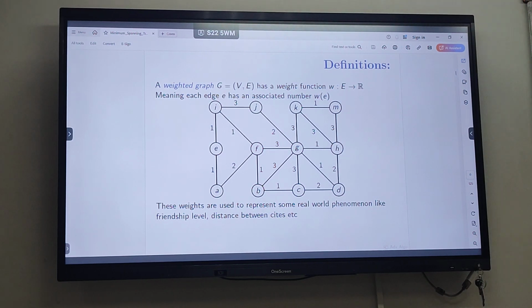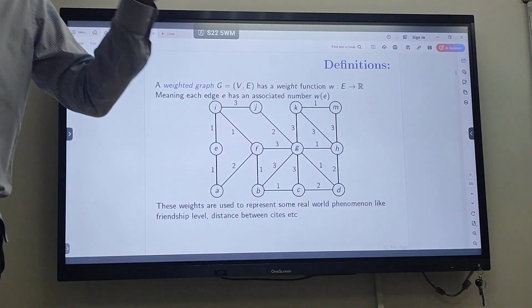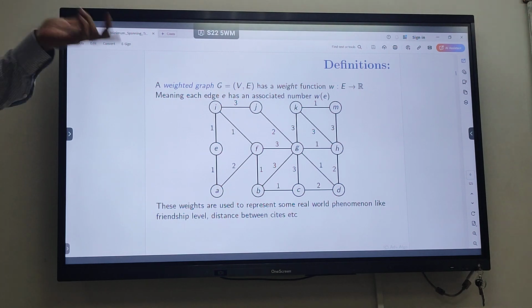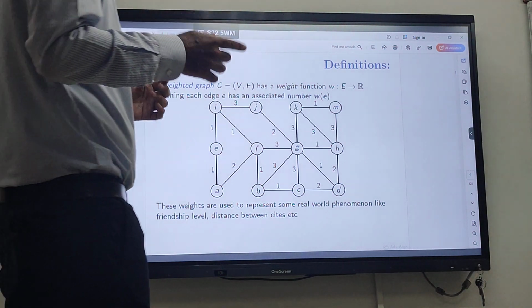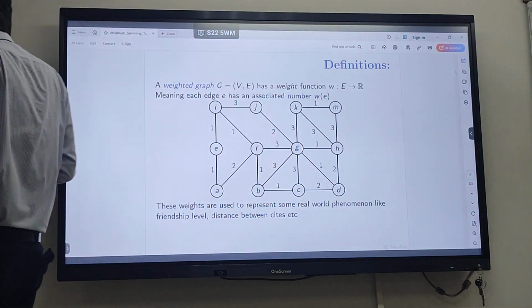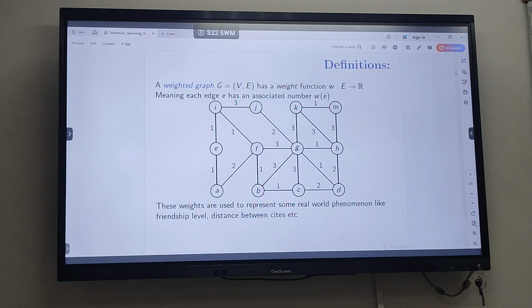And these weights, we have discussed a few times, are used to represent something useful in the real world. For example, it can measure the friendship between 2 people, or it can represent the distance between 2 cities, for example, Peshawar and Lahore, or Islamabad and Lahore, or some other thing.